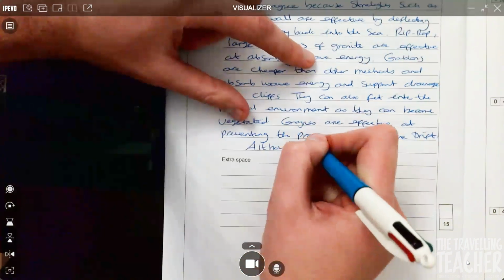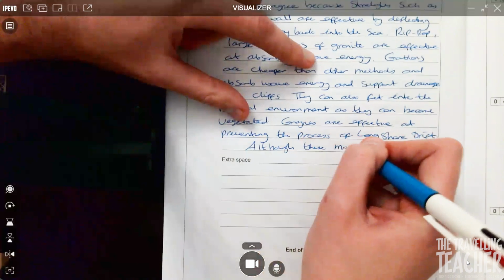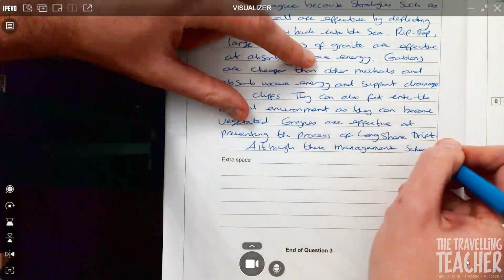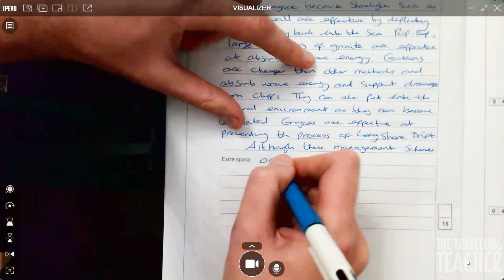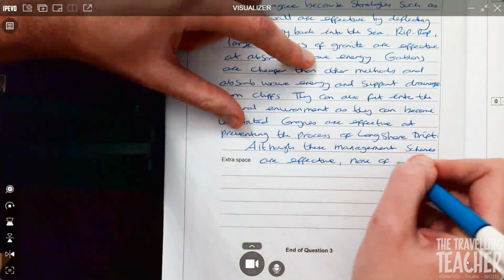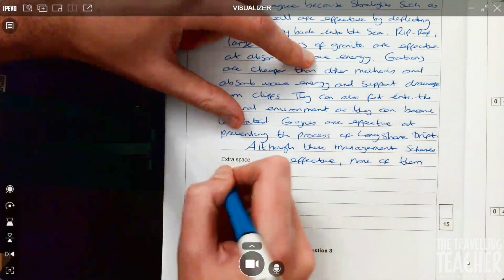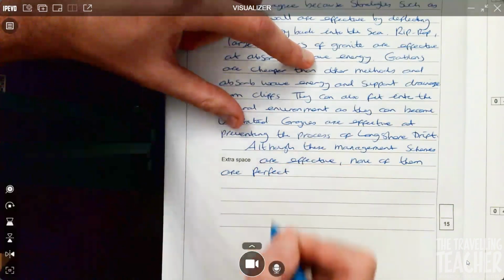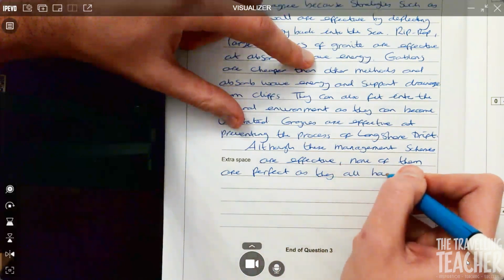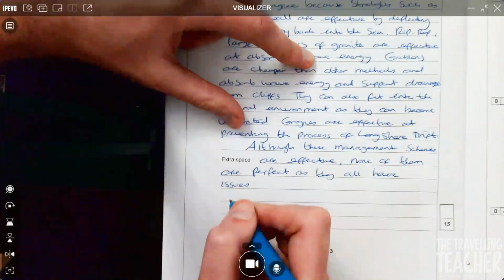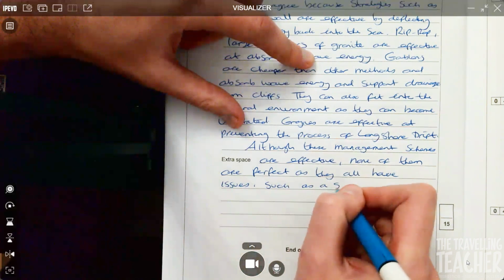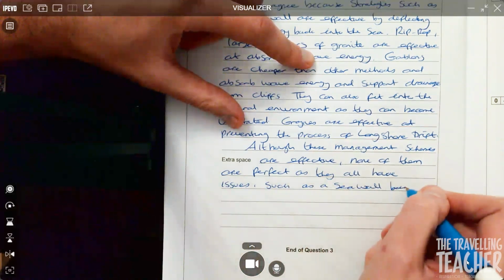Although these management schemes are effective, none of them are perfect, as they all have issues, such as a seawall being expensive.